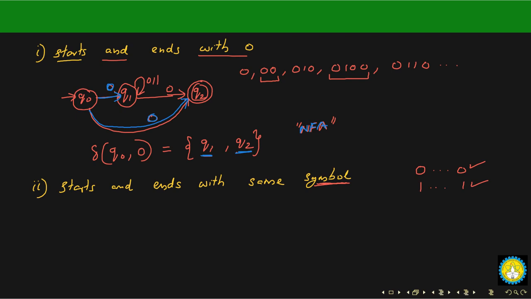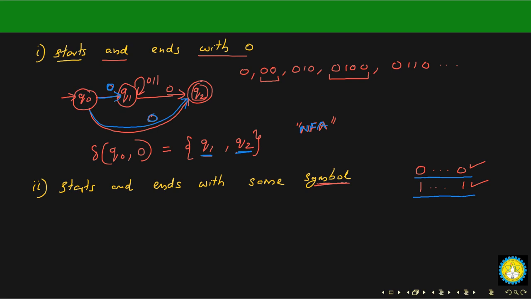So let's try to design this. We should have two branches. One branch for accepting strings that start with 0 and end with 0, and another branch which will accept strings that start with 1 and end with 1.